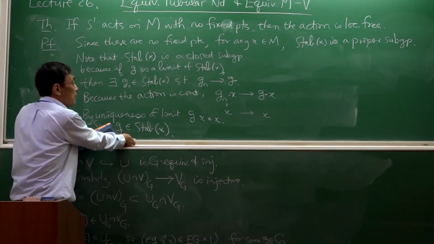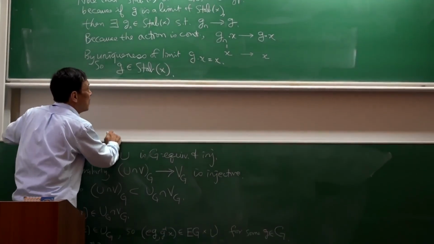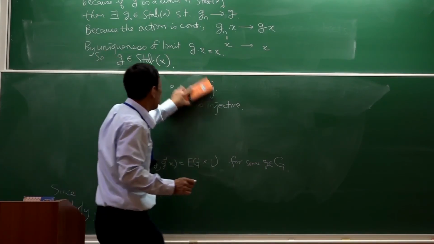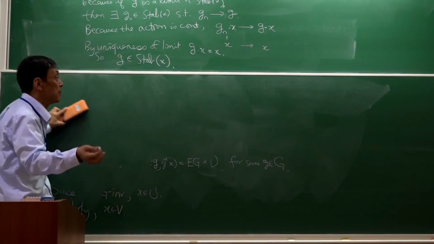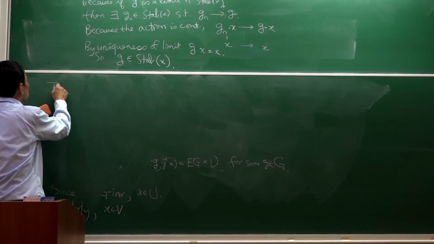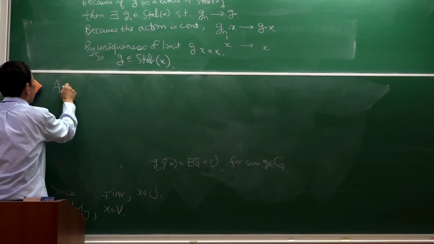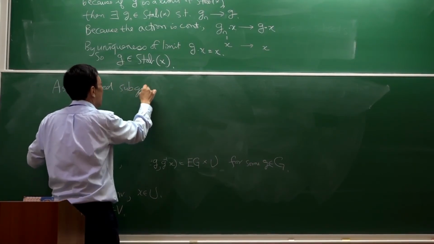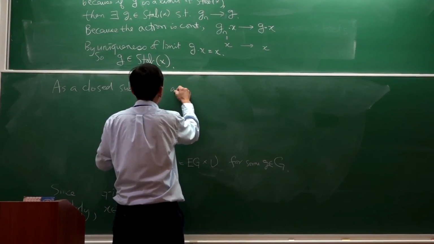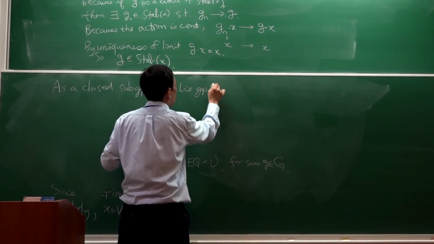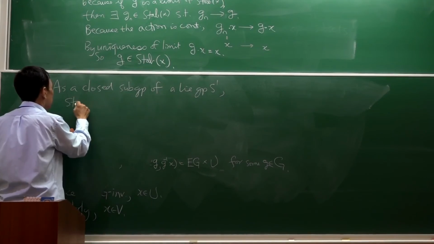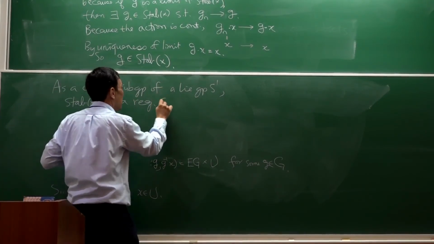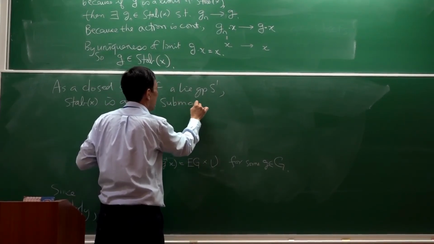And a closed subgroup of a Lie group is a Lie group. A closed subgroup of a Lie group is a regular submanifold. So the stabilizer of x is a regular submanifold.